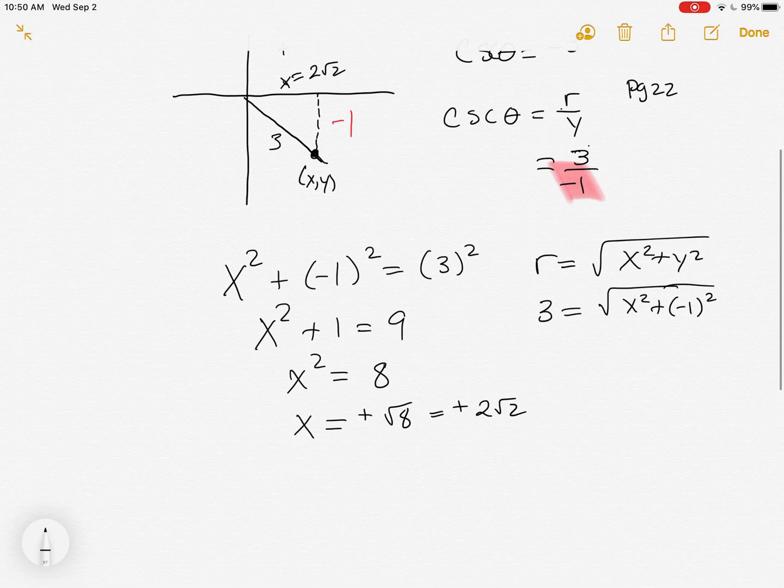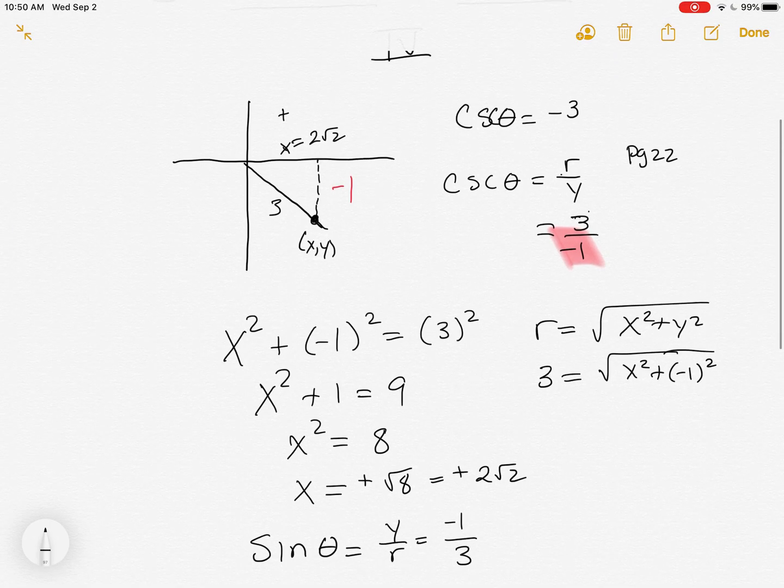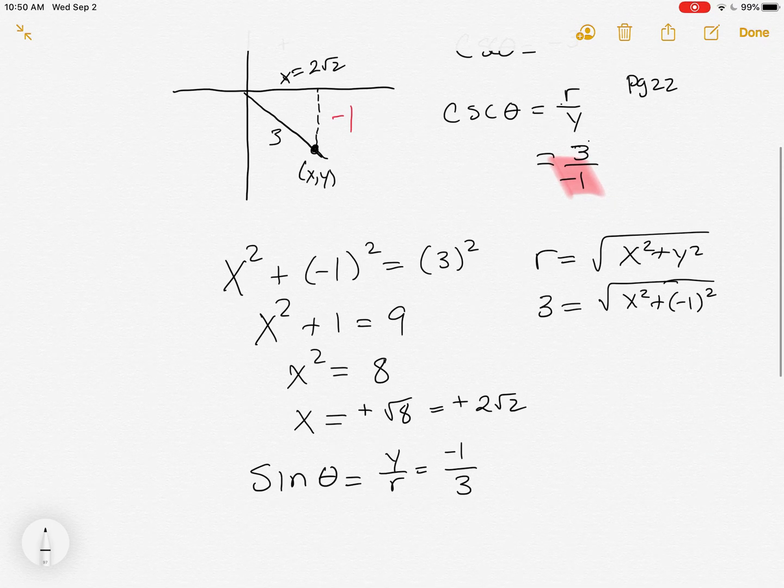So you've done all of that to figure out, now I know from section 1.3 that sine is y over r. So what's my y? -1. What's my r? 3. Not shockingly, it is the flip of cosecant. What's cosine?